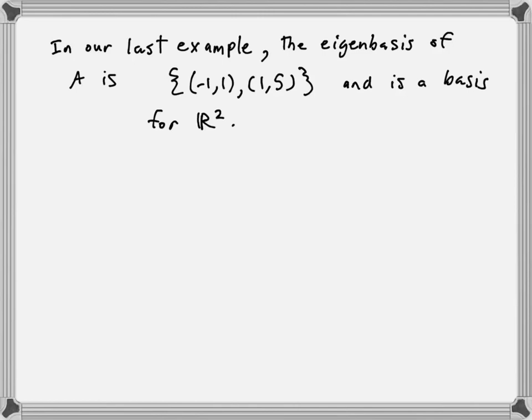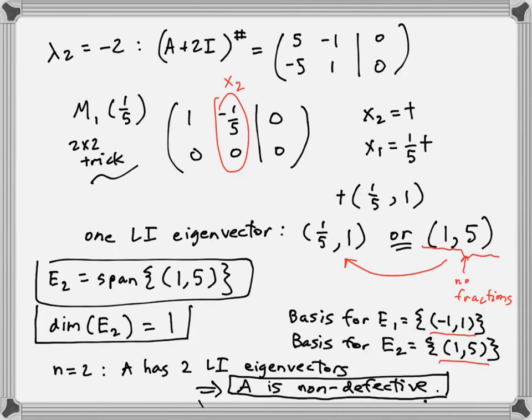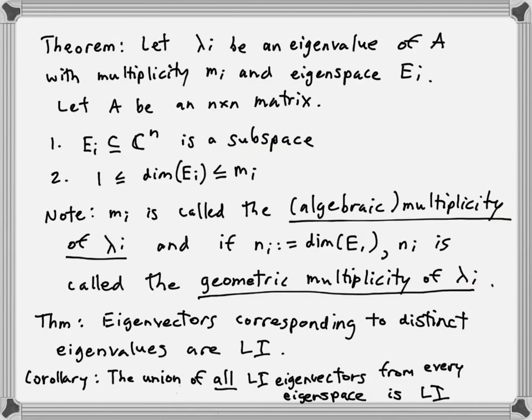So when do we know that A is non-defective? There is one easy thing to know. When are we guaranteed to have enough eigenvectors? If we look back at our theorem, we know there's at least one, but at most mi, and the problem is that mi might be bigger than ni, right?